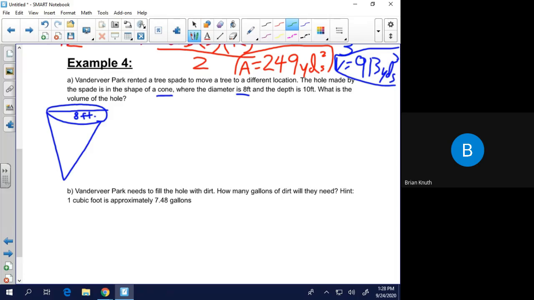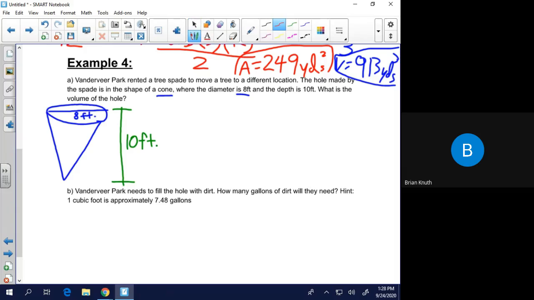So I'll say that's my height, and I'll say that is 10 feet. Okay. So with that, we can solve. That's the information they give us. Let's figure out the area of the base first.